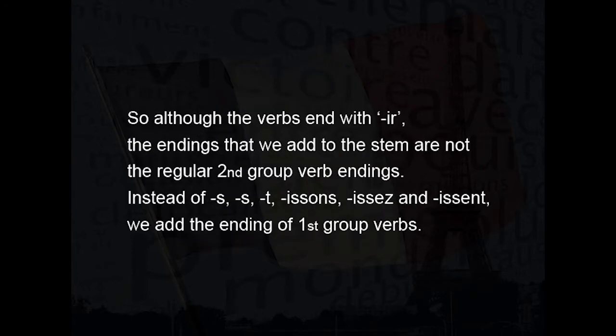So although the verbs end with IR, the endings that we add to the stem are not the regular second group verb endings. Instead of S, S, T, ISS, ONS, ISS, EZ, ISSENT, we add the ending of first group verbs.